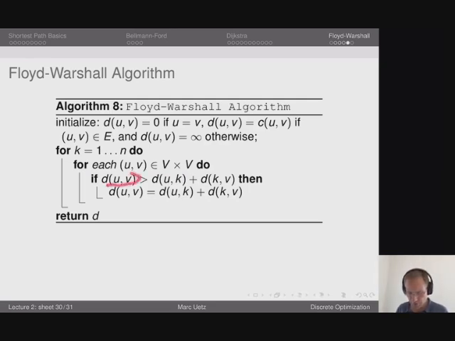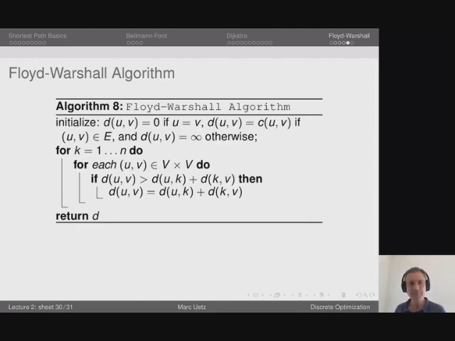So I look at the current distance between U and V. That was the distance delta k minus 1 actually. I compare it to the shortest distance if I allow k as an intermediate node. If this gives an improvement, then I do the corresponding update, and otherwise I leave this d unchanged, because that just means that k is not needed as an interior node on the shortest path from U to V.